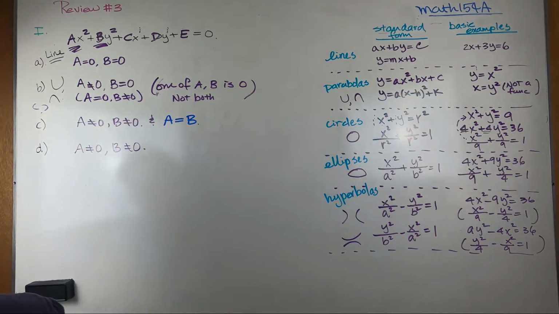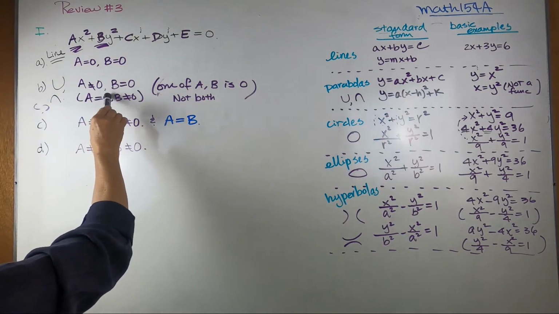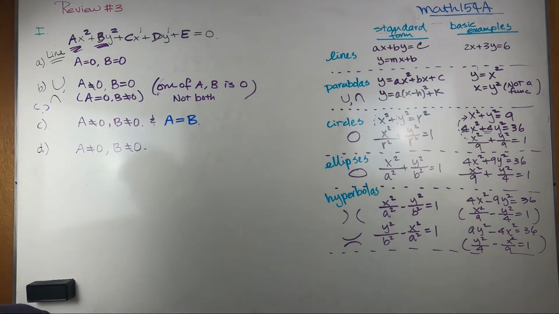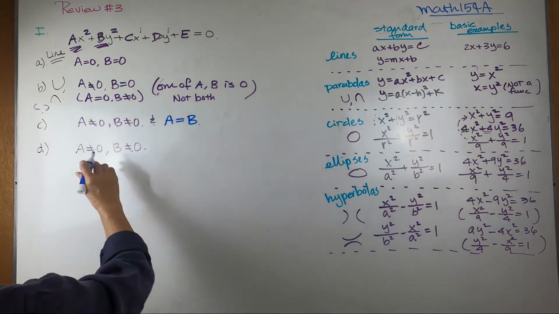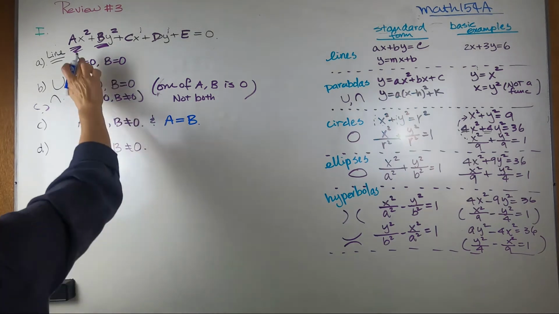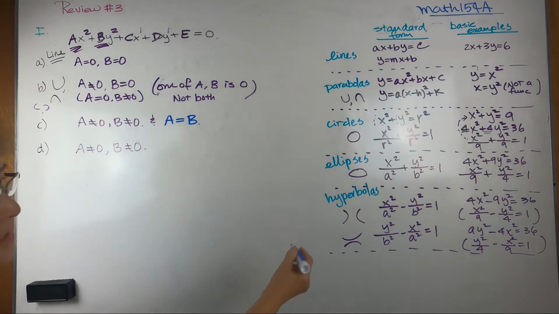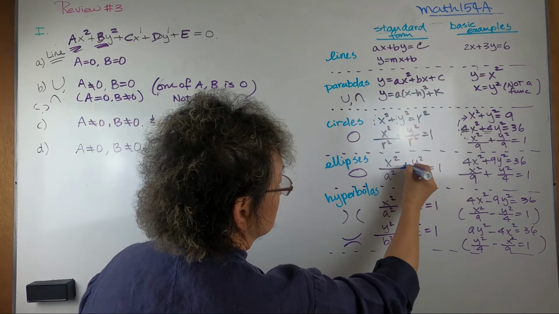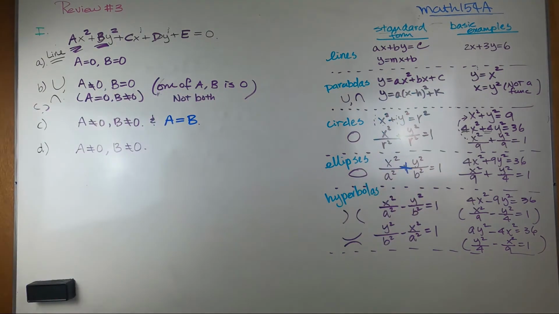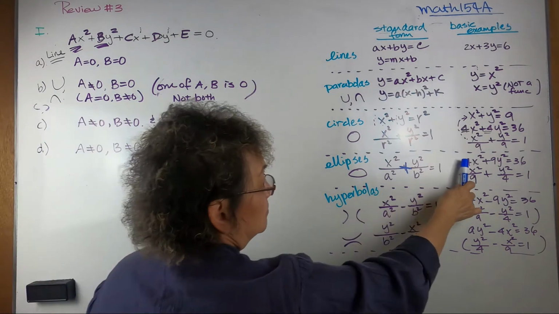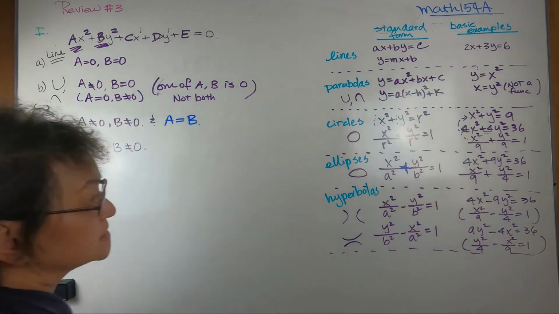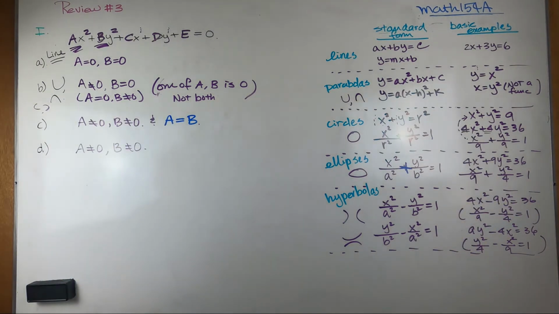If one of them is 0, then that will become what? A parabola. So A and B are not 0. When they are not 0, but it's a plus, right? It will be what? Plus. That will be an ellipse. So A and B are not 0, and they are not the same, right?